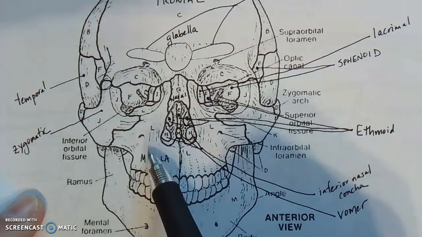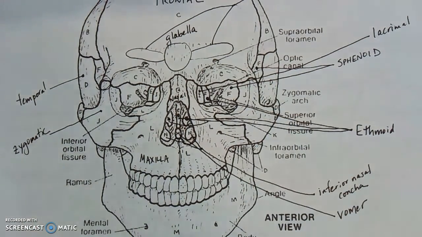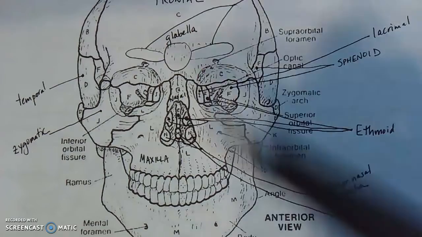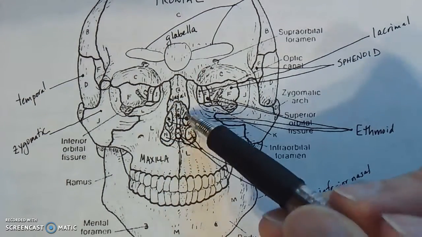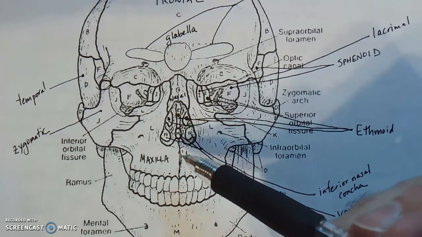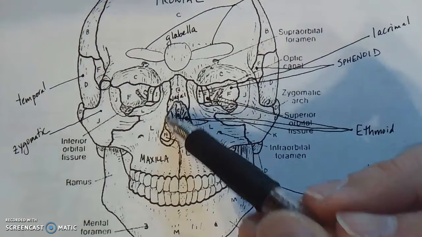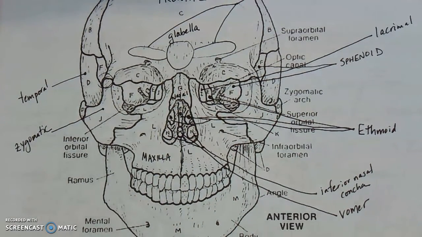So the sides of the nose up above are the nasal. We have some bones inside, but this is where the cartilage would be, where we can bend our nose back and forth. But the maxilla are the sides that creep up, and you can actually feel these different areas as you go up your nose.